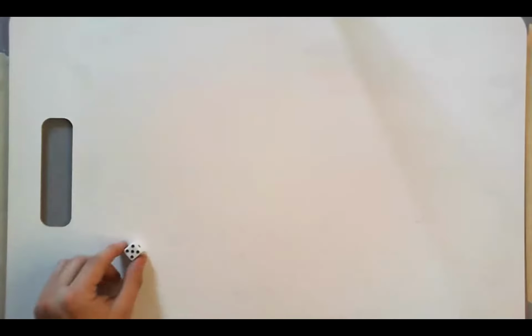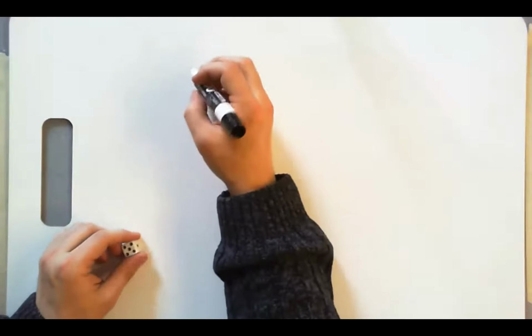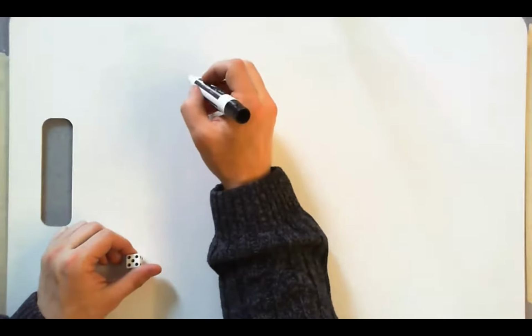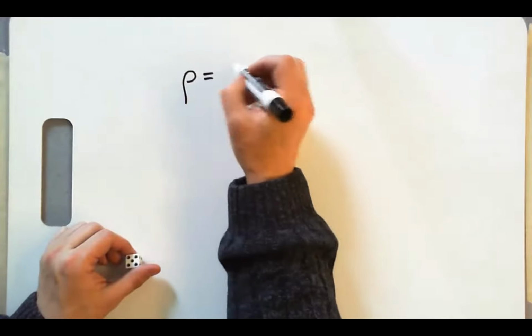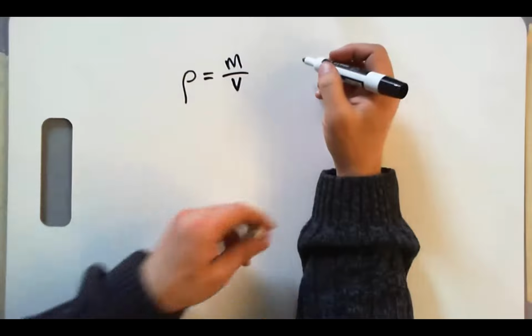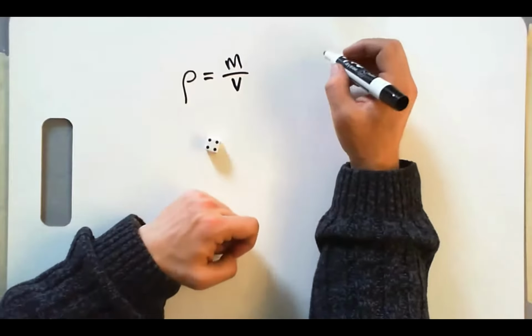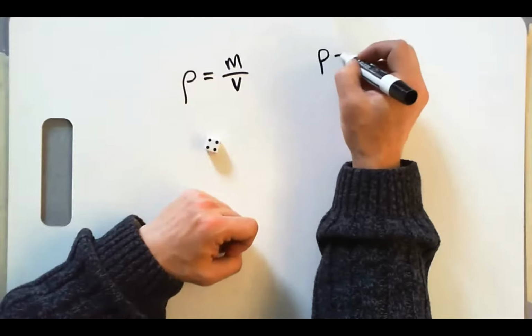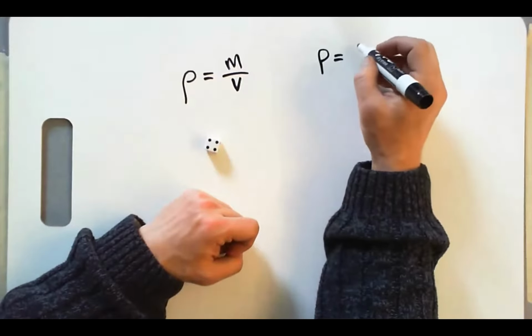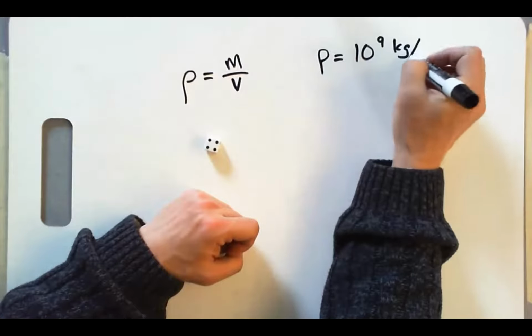Obviously, this doesn't weigh very much, but how much would 1 cubic centimeter of white dwarf material weigh? Well, let's think about that. We know that density, this Greek letter rho, is equal to mass divided by volume. In this case, we know the density is 10 to the 9, a billion kilograms per cubic meter.